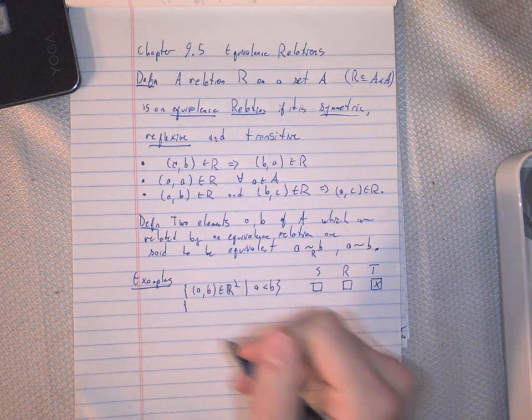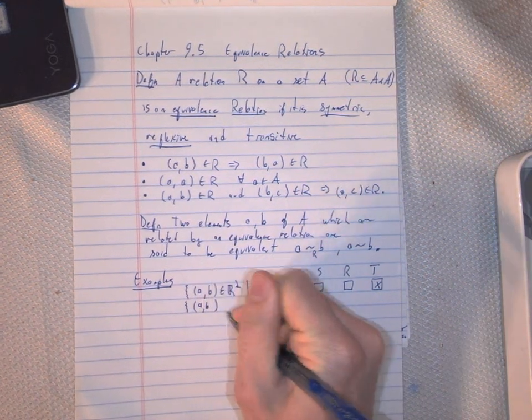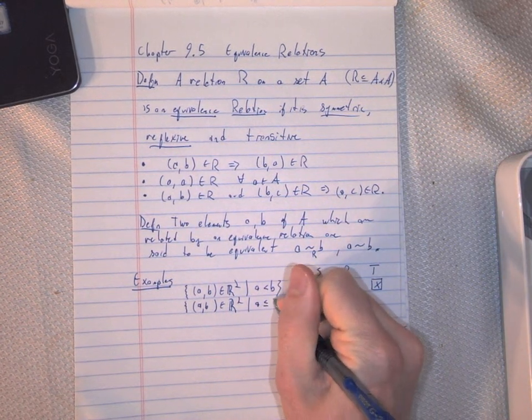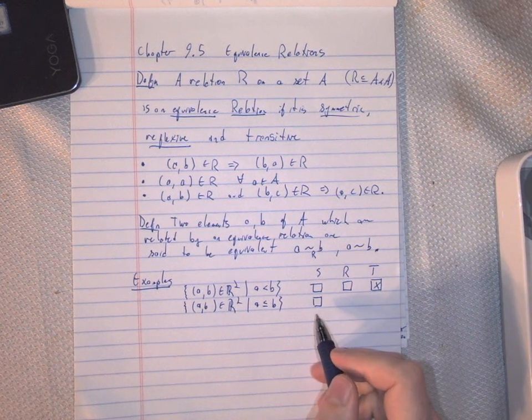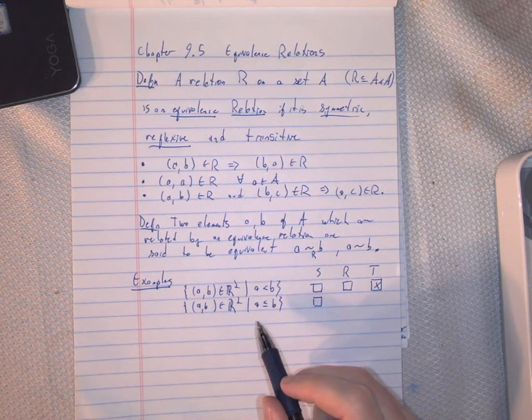An easy way to add in one of these properties is to take (a, b) in R squared such that a is less than or equal to b. Still not symmetric, because there exist examples where a is less than or equal to b, but b is not less than or equal to a, right?